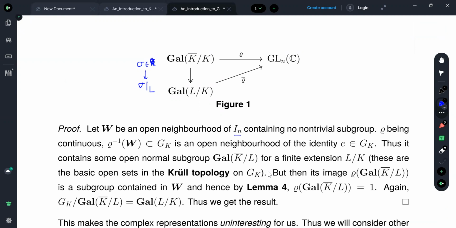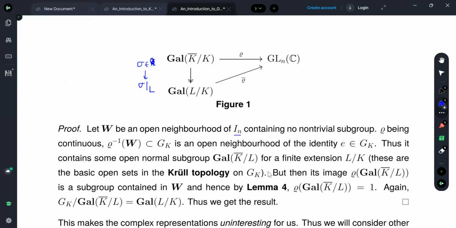Then the inverse image inside G_K is open, and that is also an open neighborhood of the identity element inside G_K. Therefore, it contains some open normal subgroup, Gal(K bar over L), for a finite extension L over K, because these are the basic open sets in the Krull topology of G_K.